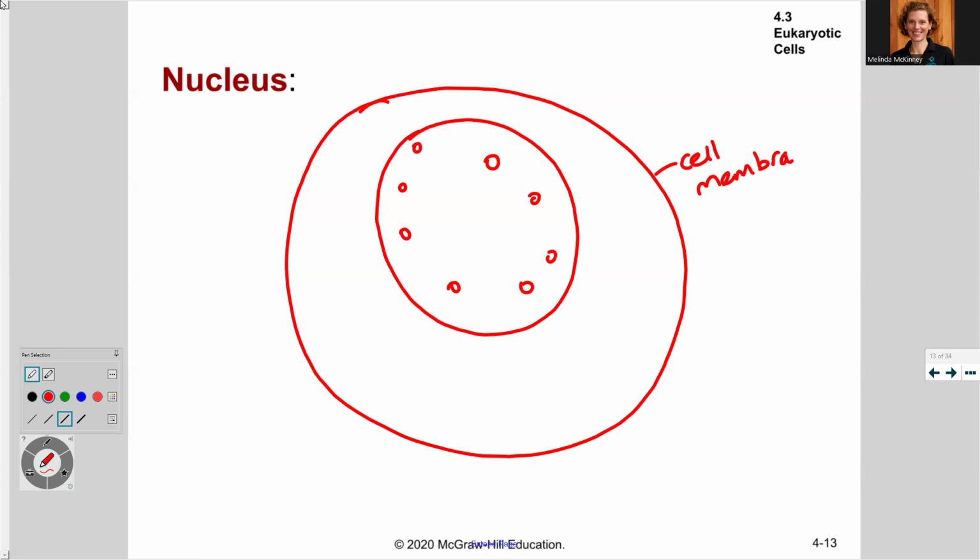And then inside is a second sphere, so a smaller ball. And there are little holes in the surface. And stuff can go in and out of these holes. So it can go in and it can come out. But again, the main idea of the nucleus is that inside we have our DNA.